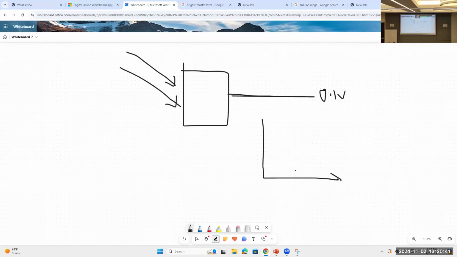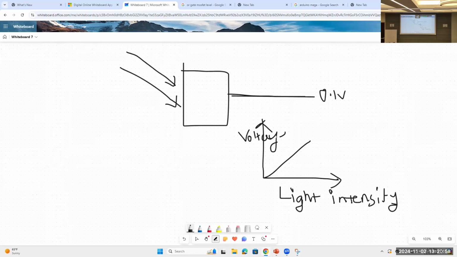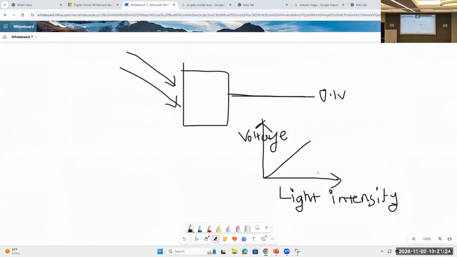If we plot the graph with light intensity, the voltage will also increase. I mean the electrical signal, which is a voltage. So this is designed in a way that with increasing light intensity, the voltage will increase.